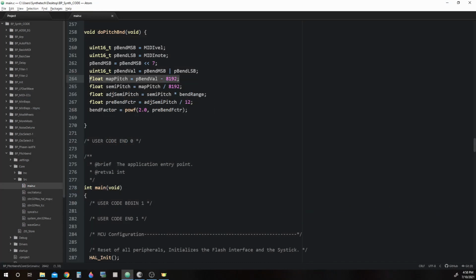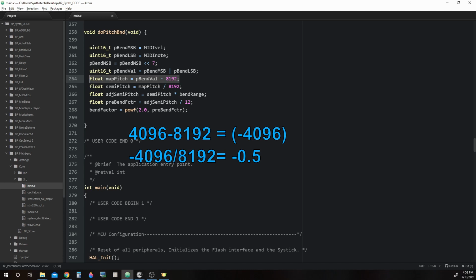What if we bend down a semitone? Let's see what happens. 4,096 minus 8192 equals negative 4,096. Negative 4,096 divided by 8192 equals negative 0.5. Negative 0.5 times 2 equals negative 1.